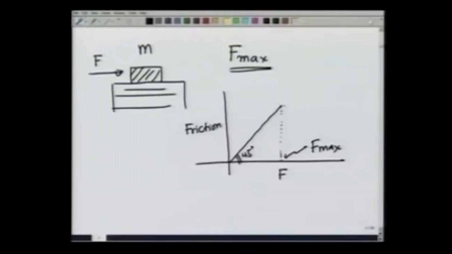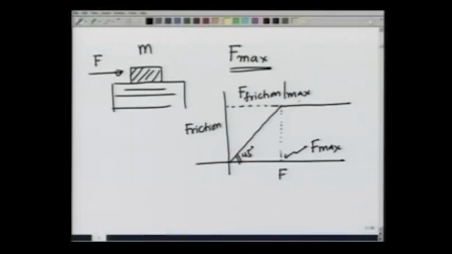As you go beyond F max, the frictional force does not increase, it sort of saturates. So what you would notice after this is that frictional force would tend to saturate at that possible maximum value. So this is the maximum possible value of frictional force, and as you go beyond F max, the body would tend to move, because now I am applying a force which cannot be balanced.